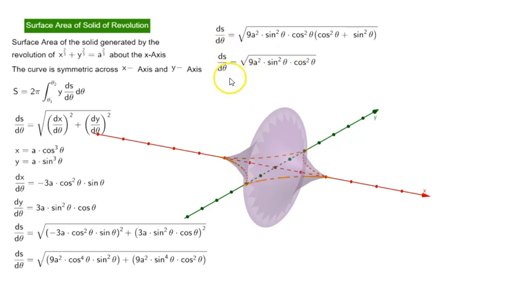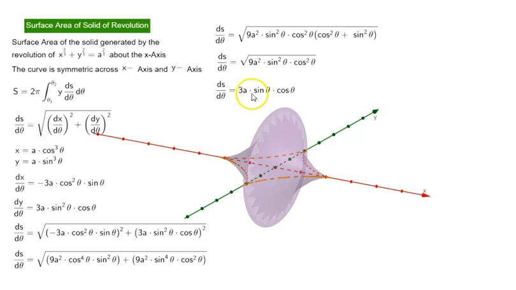We are left with ds by d theta is equal to the square root of 9a square times sine square theta times cos square theta. Inside the square root, everything is a square. 9 is 3 square. So we remove the square root and the squares to end up with ds by d theta is equal to 3a times sine theta cos theta.